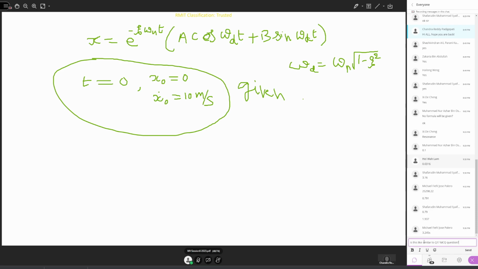So 0 is equal to e power minus 0, then a, then cosine omega d t. Since t is 0, the whole exponent will be 0.